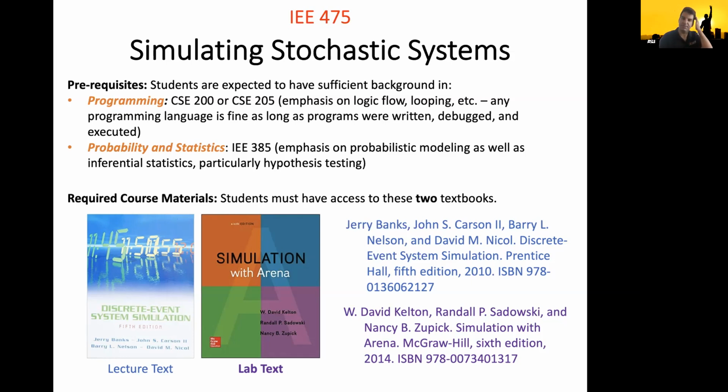There are some homework assignments that it will be very helpful, if not required, for you to have access to the textbook for. And many of the laboratory exercises make use of or build upon exercises that start in the textbook. So you do need to have access to these two textbooks.